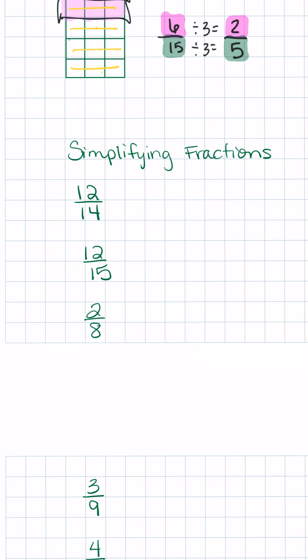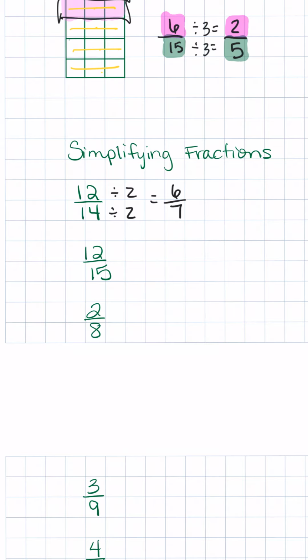And so we could look at 3. 3 doesn't go into 14, so 2 is probably the biggest. So we need to divide the top by 2, divide the bottom by 2. And that's going to give us 6/7. 6/7 is the reduced, the simplified fraction for 12/14.